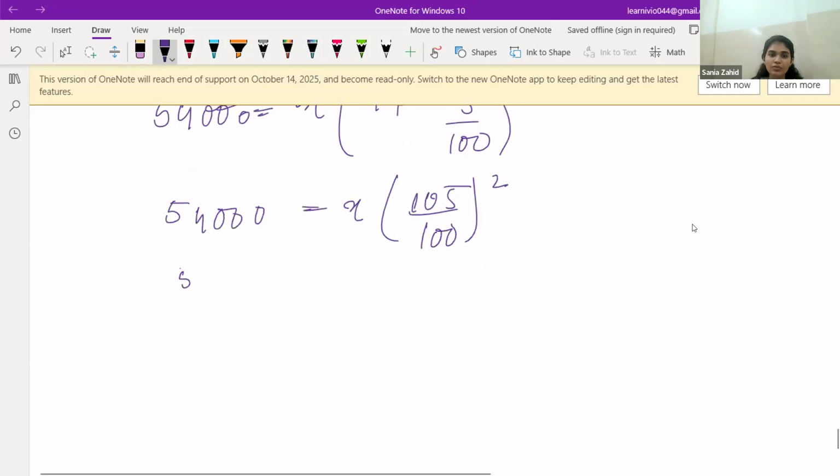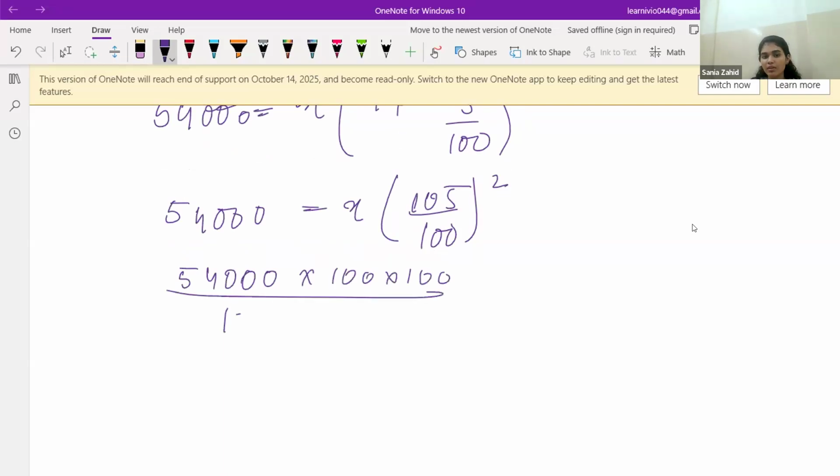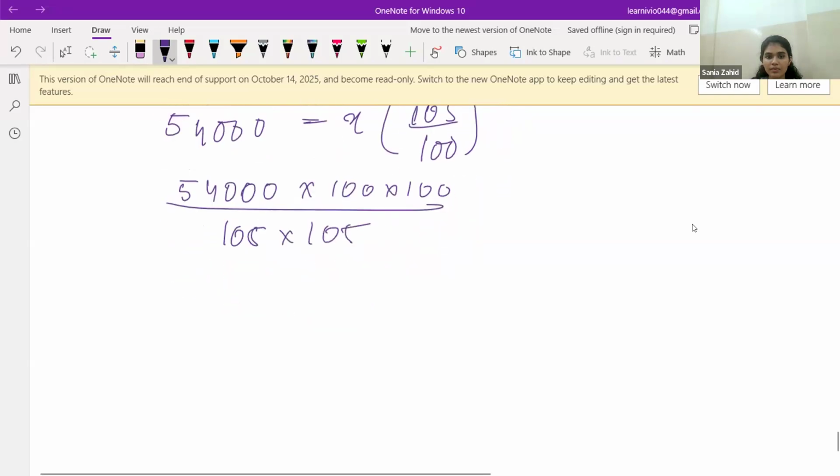So I will write it as X equals 54,000 into 100 into 100 upon 105 into 105. Right children? Like this you will do. Now you can just cancel the values. Just cancel by 5 and get your answer.